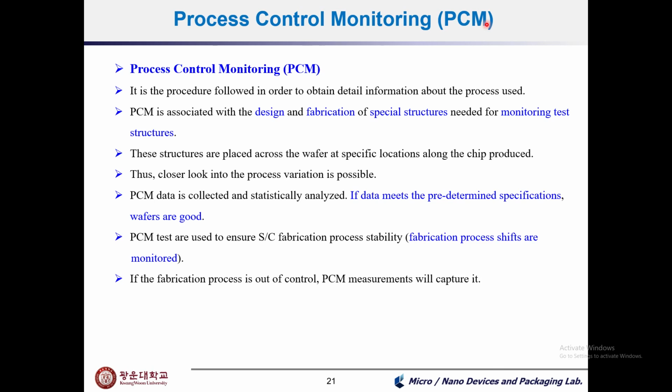Process control monitoring is the process used to obtain detailed information about the processes used while the measurement is carried out, where the PCM is associated with the design and fabrication of special structures needed for the monitoring test structures. These structures are placed across the wafer at specific locations along the chip produced, and thus we can have a closer look into the process variation.